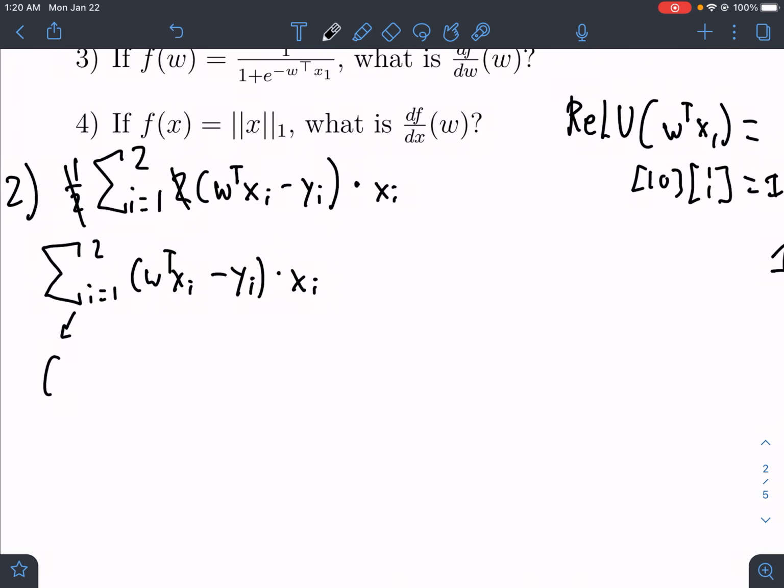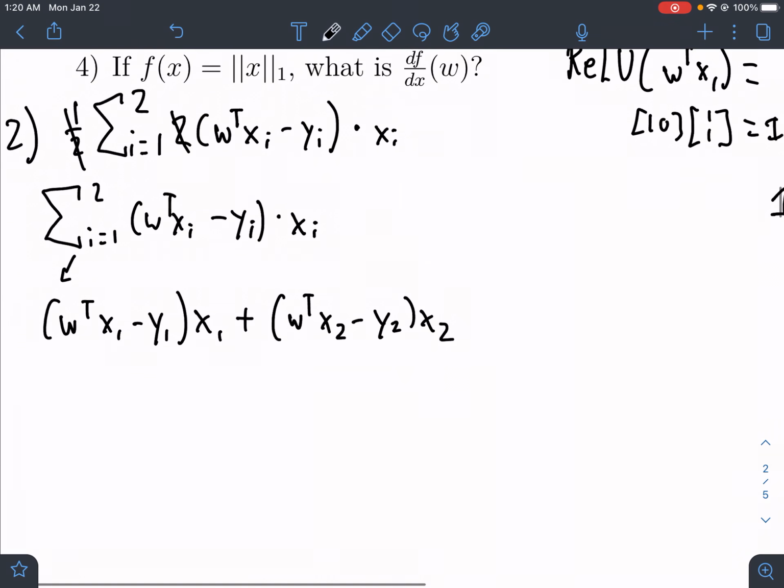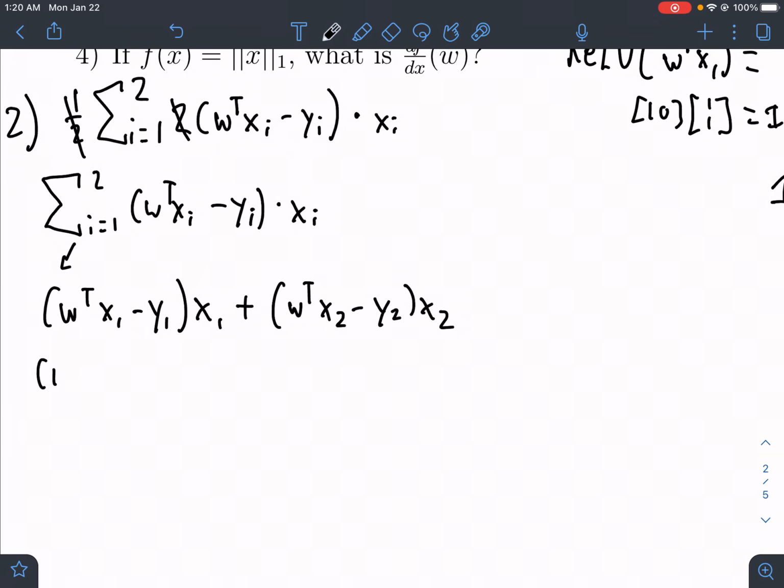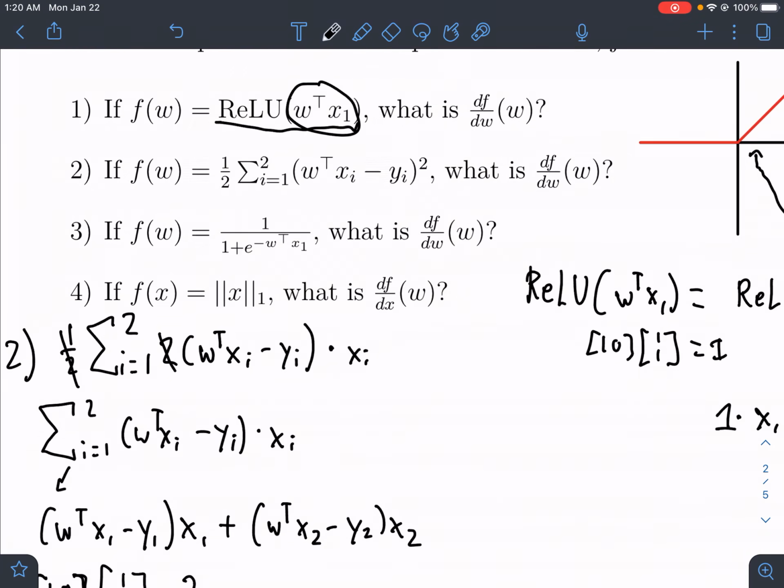So we've got, my W's are so bad today, W transpose x1 minus y1 times x1, and that is summed with W transpose x2 minus y2 times x2. This is 1, 0 times 1, 1 minus, I believe this is 2.